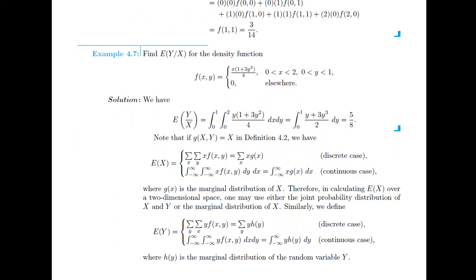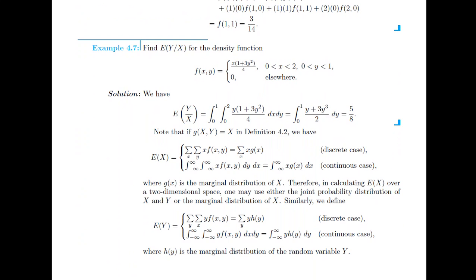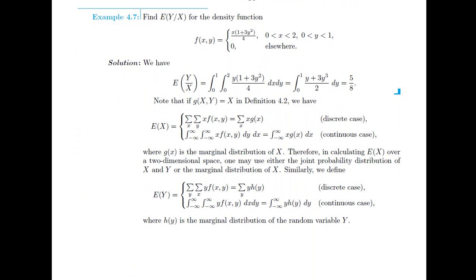Another example: find the expected value of Y/X for the density function f(x,y) = x(1 + 3y²)/4 for x between 0 and 2 and y between 0 and 1, and 0 elsewhere. The expected value of Y/X will equal 5/8.